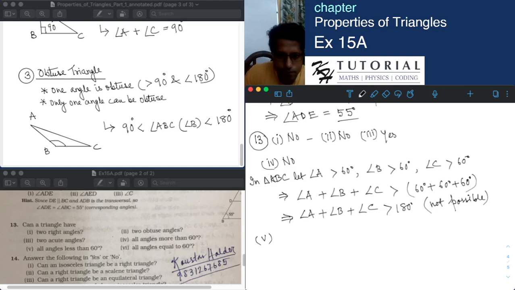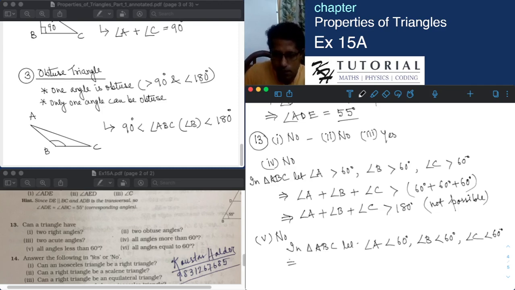5. All angles less than 60 degrees. This is also no, for the same reason. So in triangle ABC, let angle A be less than 60 degrees, angle B is also less than 60 degrees, and angle C is also less than 60 degrees.